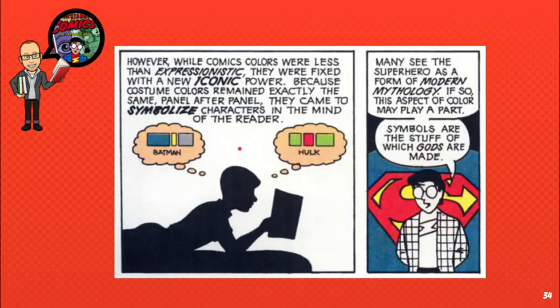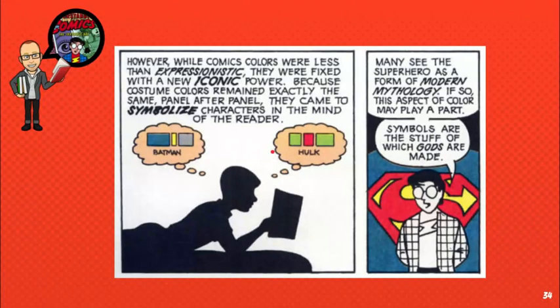However, while comics' colors were less than expressionistic, they were imbued with a new iconic power. Because costume colors remained exactly the same, panel after panel, they came to symbolize characters in the mind of the reader. For example, when you think of Batman, you probably think of blue, yellow, and gray.